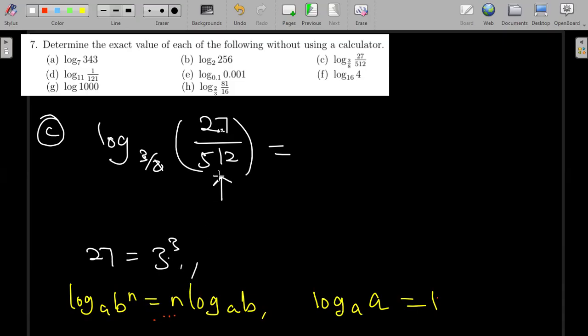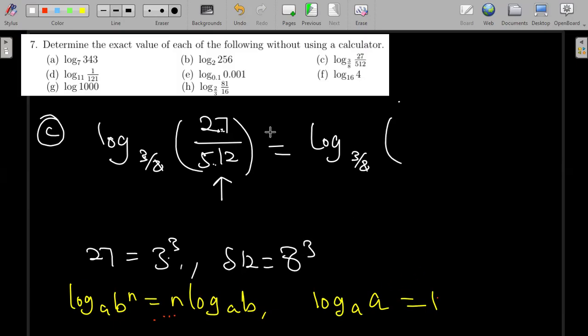And then what is 512? Okay, what is 512? 512 is the same as 8 to the power 3. So here I'm going to write log of 3 over 8. Remember here I said 512 is the same as 8 to the power 3.